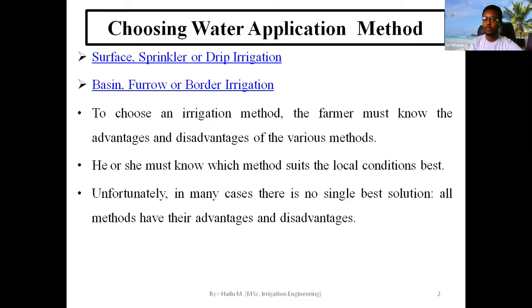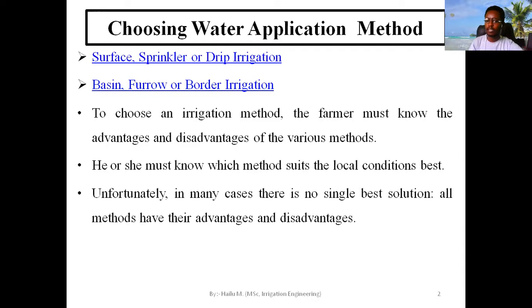To answer this question, first of all, pre-investigation of our local condition is very important. There are some conditions that we have to follow, and based on those conditions, we select the best one. To choose any irrigation method, the farmer must know the advantages and disadvantages of the various methods.